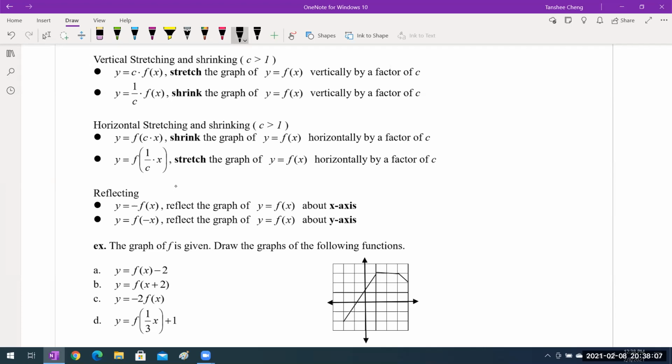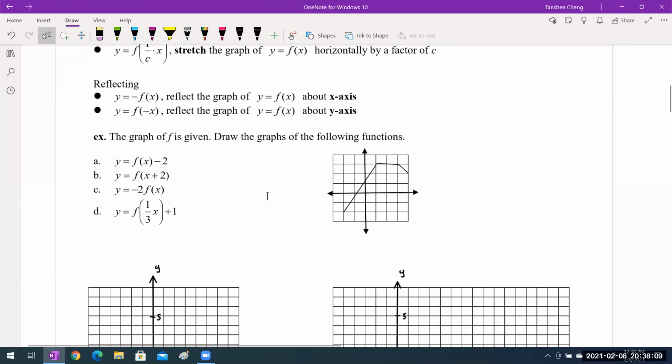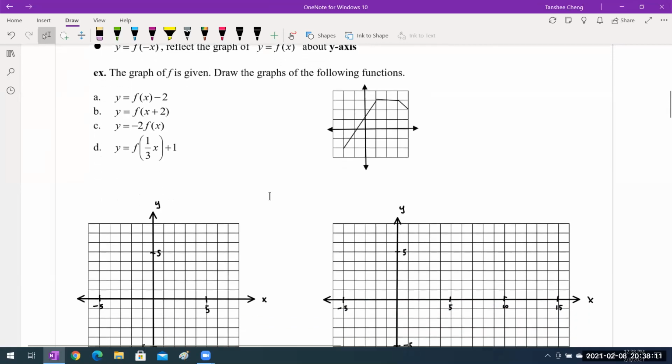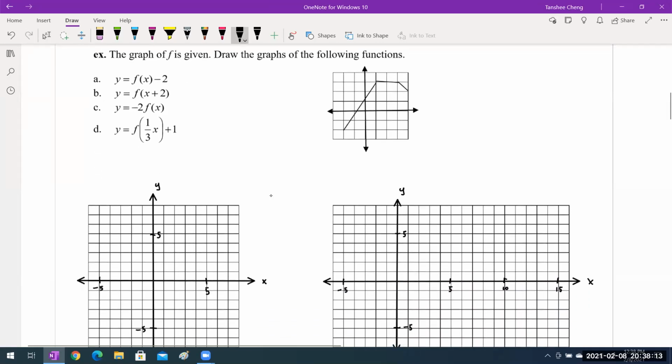So what we want to do is use the graph of the given function f and answer all of these questions, parts A, B, C. In this case, we're going to use a few particular points to do the transformations to make it nice and neat.